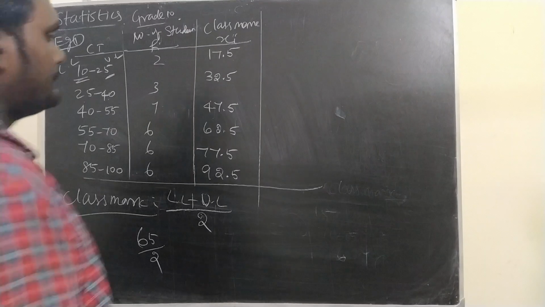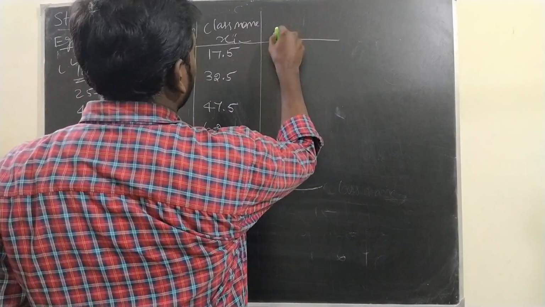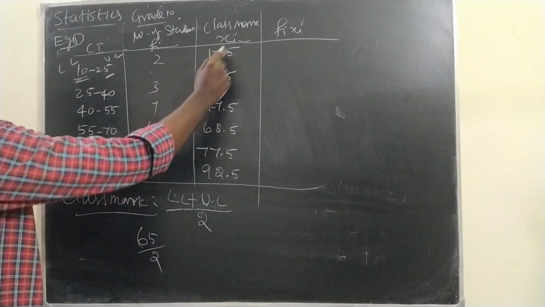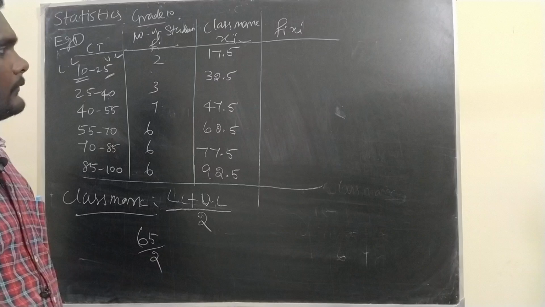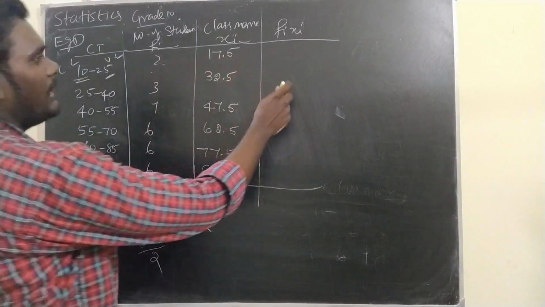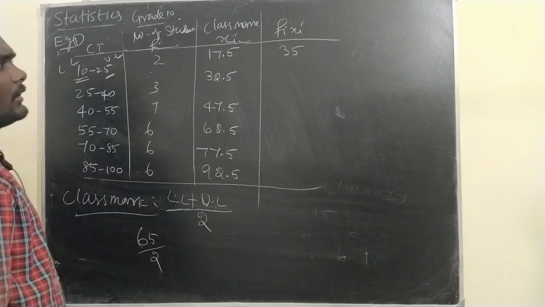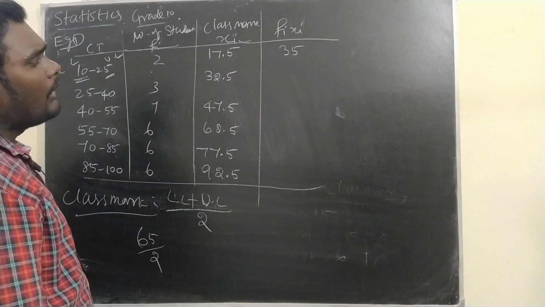Now fi xi we need to find. Fi xi means what? You have to multiply that with this one. Okay, then multiply 2 times 17.5, it is 35. Yes, 35.